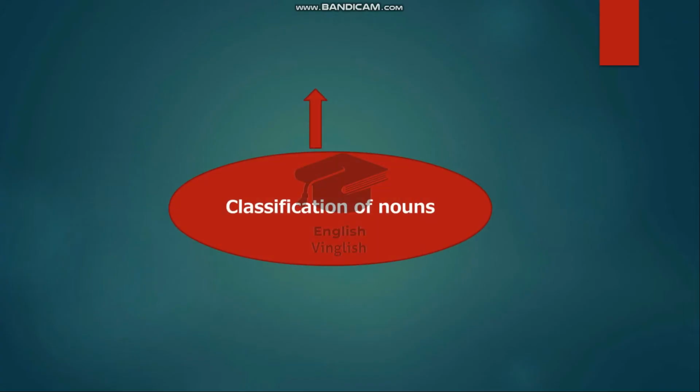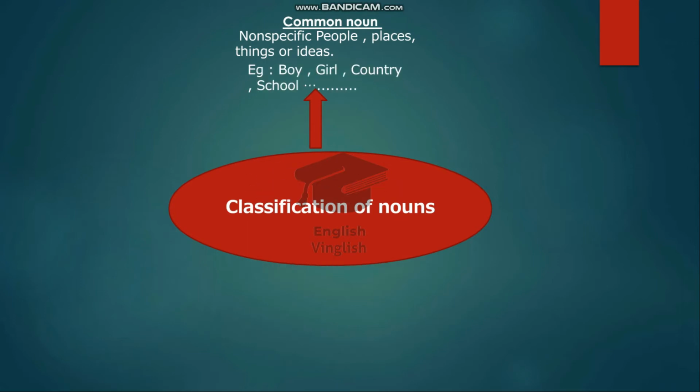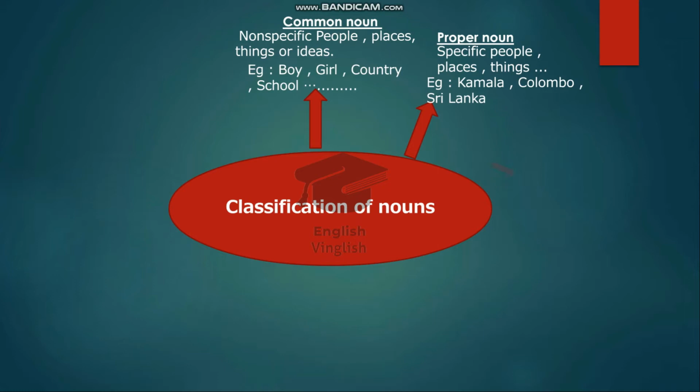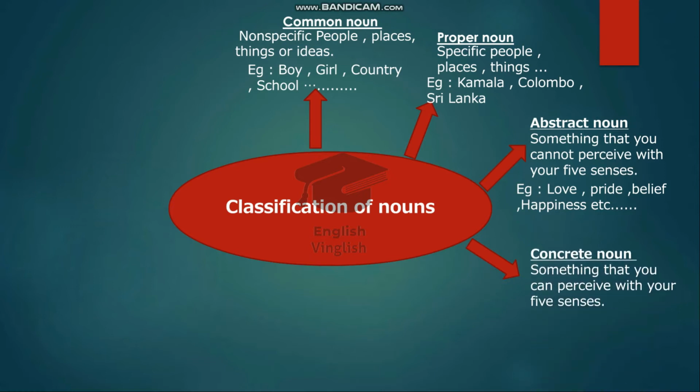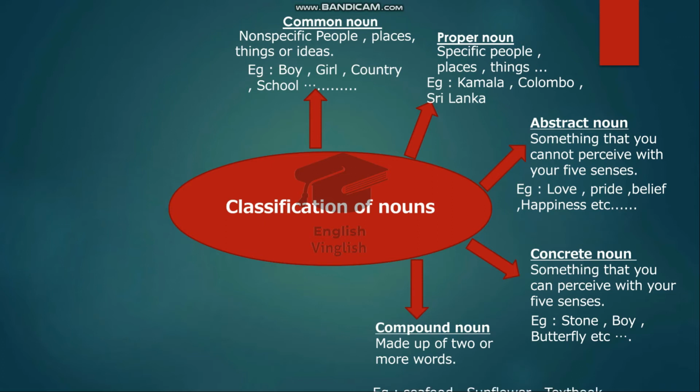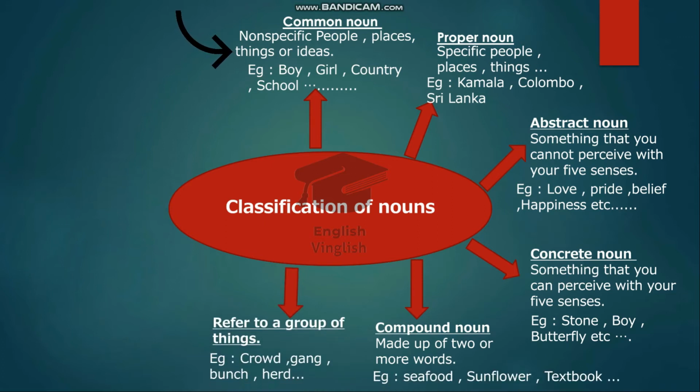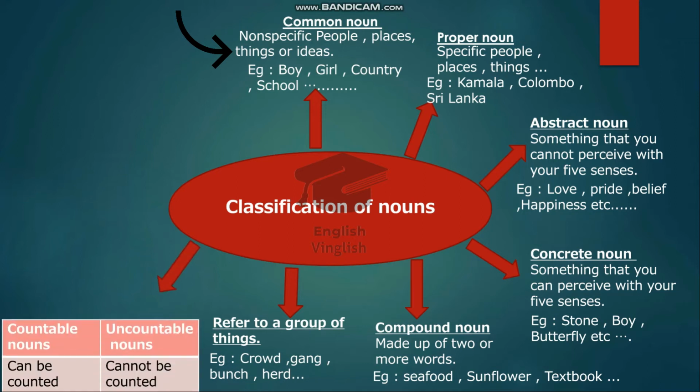Classification of nouns. There are so many nouns: common nouns, proper nouns, abstract nouns, concrete nouns, countable and uncountable nouns, singular nouns, plural nouns, collective nouns, material nouns, compound nouns. Common nouns: non-specific people, places, things or ideas.